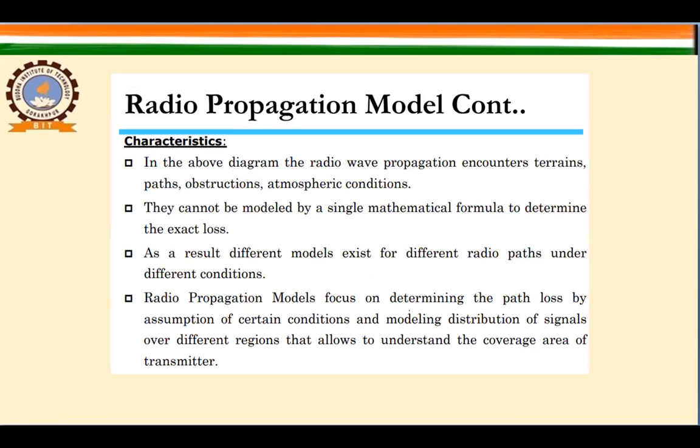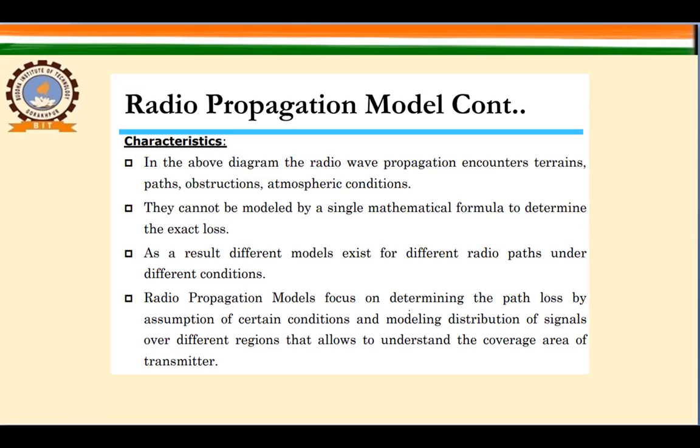The radio propagation model has certain characteristics. In the above diagram, we have seen that radio wave propagation encounters terrains, path obstructions, and atmospheric conditions. They cannot be modeled by a single mathematical formula to determine the exact loss.